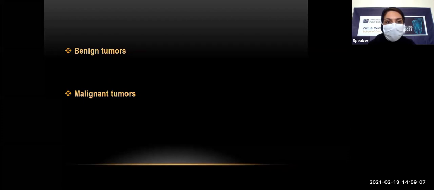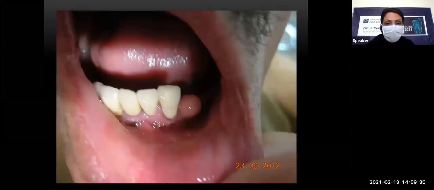Generally, the tumors of the oral cavity are classified into two groups, benign and malignant lesions, as you know. Some clinical features and properties of these tumors or neoplasms can help us differentiate them and lead to a definite diagnosis. But some clinical features may mislead us, and we cannot differentiate between the lesions.